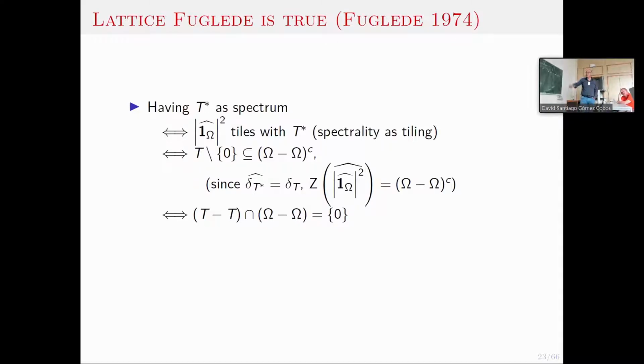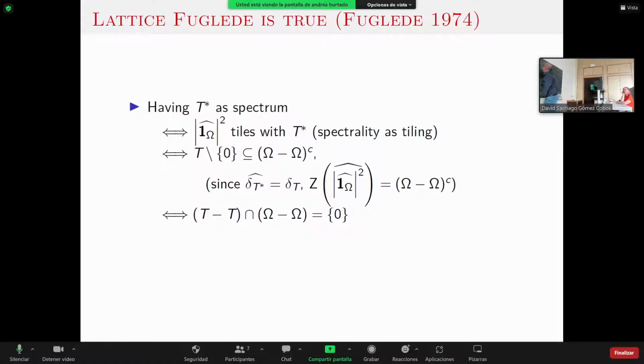Why can we do this? First of all, because T is a lattice, so it's a group, so T minus T is the same as T. So what this says is that if I take T minus T without 0 and intersect it with omega minus omega, I will only see 0. Exactly this. And this is what we call a packing condition. This is equivalent to packing.